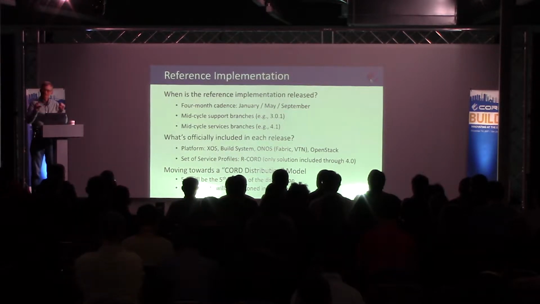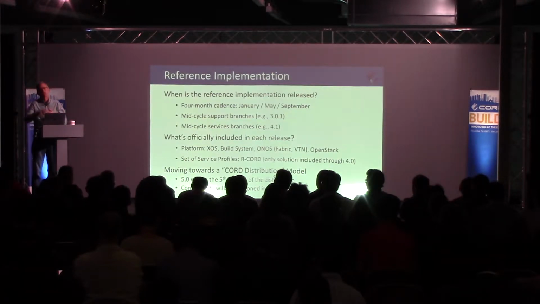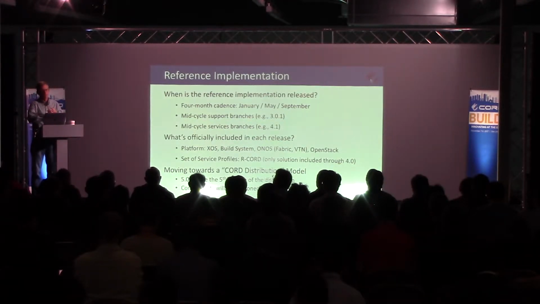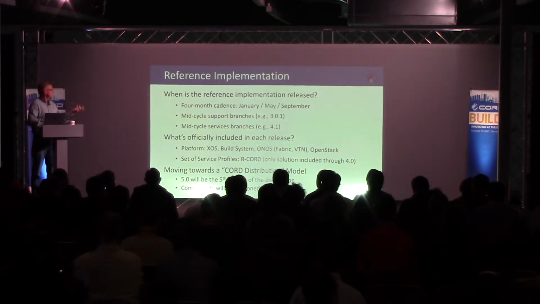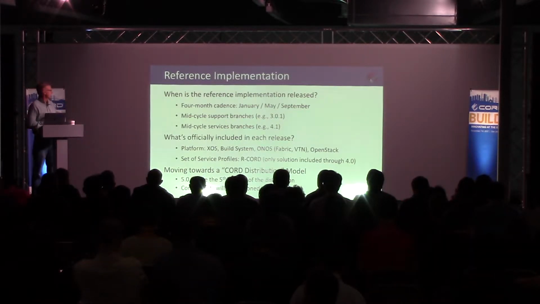That's been a fairly static set, including XOS, the build system, ONOS, some of the ONOS apps, the Fabric management app, and the VTN app, plus OpenStack. That's going to change because the platform will soon include Kubernetes. So it'll be a set of services that will control the network and the compute as a foundation, knitted together by XOS, with service profiles running on top of that.